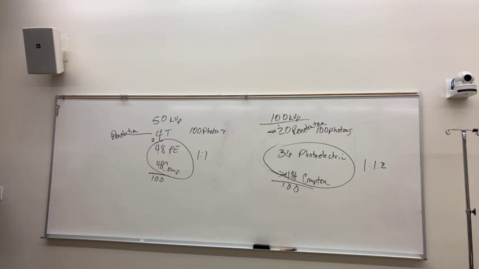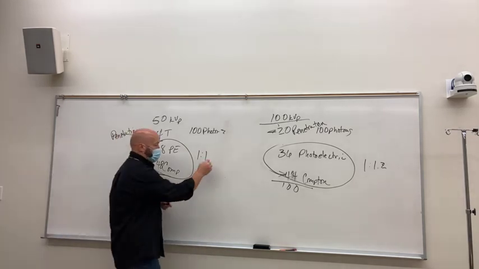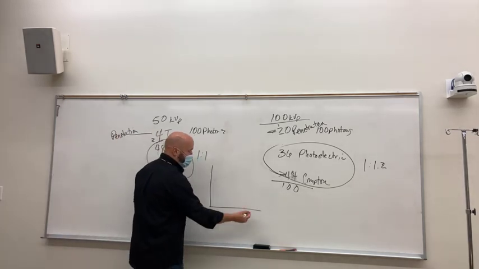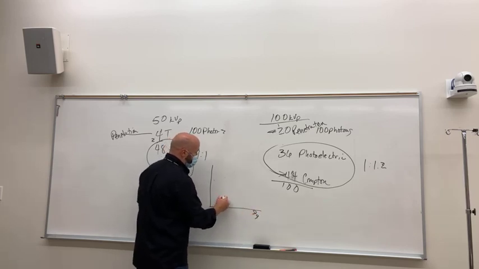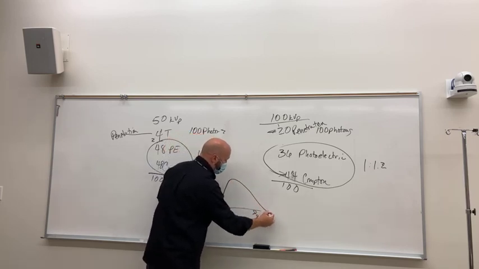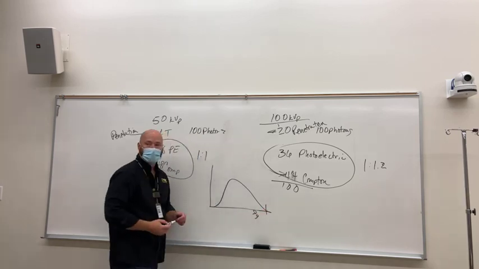So as kVp increases, we increase penetration, we increase Compton scatter radiation, it seems like those should go down. But if the only thing that we're increasing is kVp, then it goes back to the beam spectrum. Even if we shoot with 99 kVp, most of those photons are not 99 kVp, right?